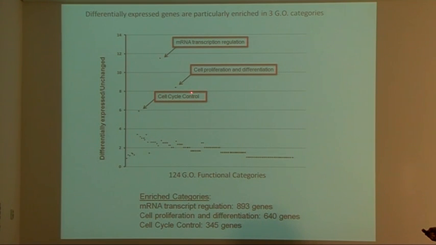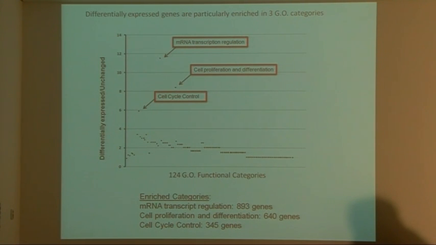There's still plenty of changed transcripts in the other functional categories, which are unlabeled, but in these 3 categories there are twofold more changed than unchanged. So there's some specificity to this transcriptome change. These 3 categories are way overrepresented.